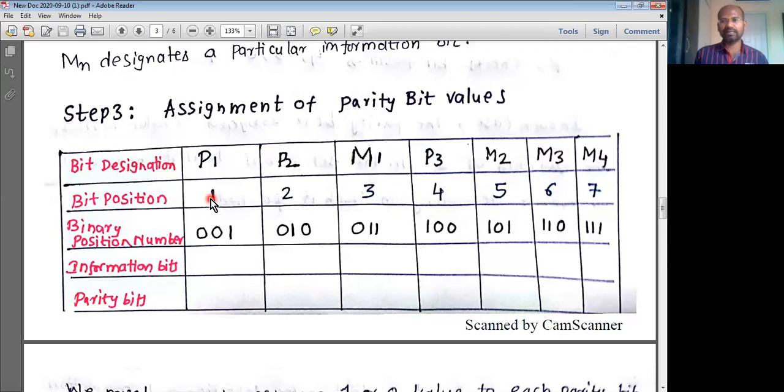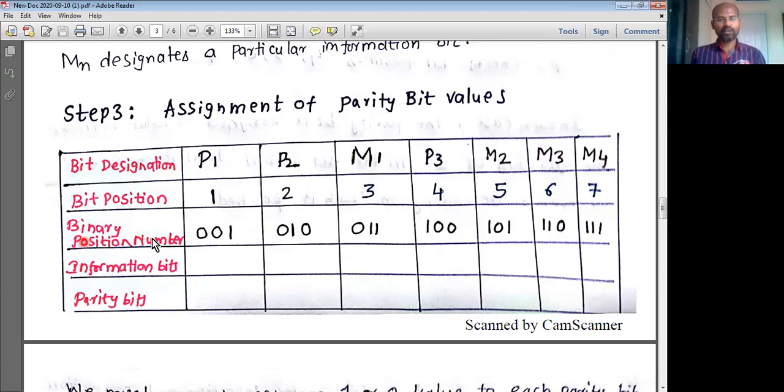Just give numbers starting from the leftmost, from left towards the right: 1, 2, 3, 4, 5, 6, and 7, right? The first bit is parity bit 1, the second bit is parity bit 2, the third bit is the first message bit, the fourth bit is the third parity bit, the fifth bit is message bit 2, the sixth bit is message bit 3, the seventh bit is message bit 4. Okay, that's how you get the bit designation.